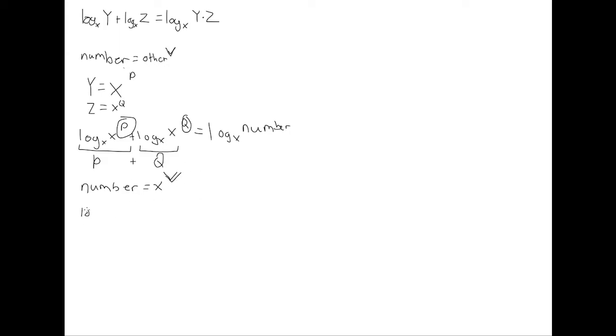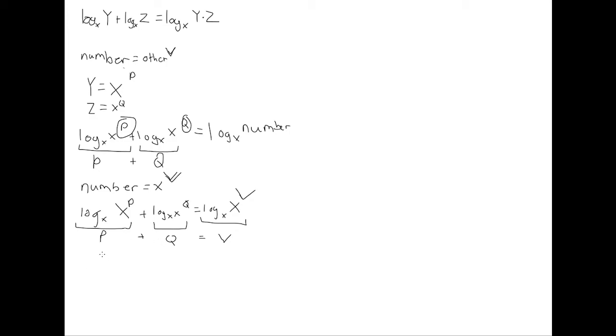So let's rewrite it. And we know this is just going to evaluate to p, and this is just going to evaluate to q, and this is going to evaluate to v, right? So we're basically saying that v has to equal p plus q, right?